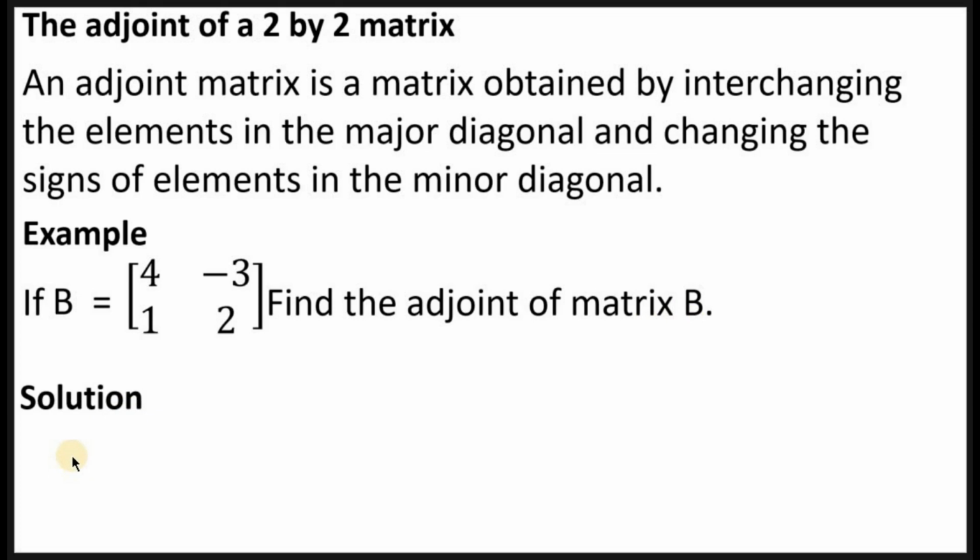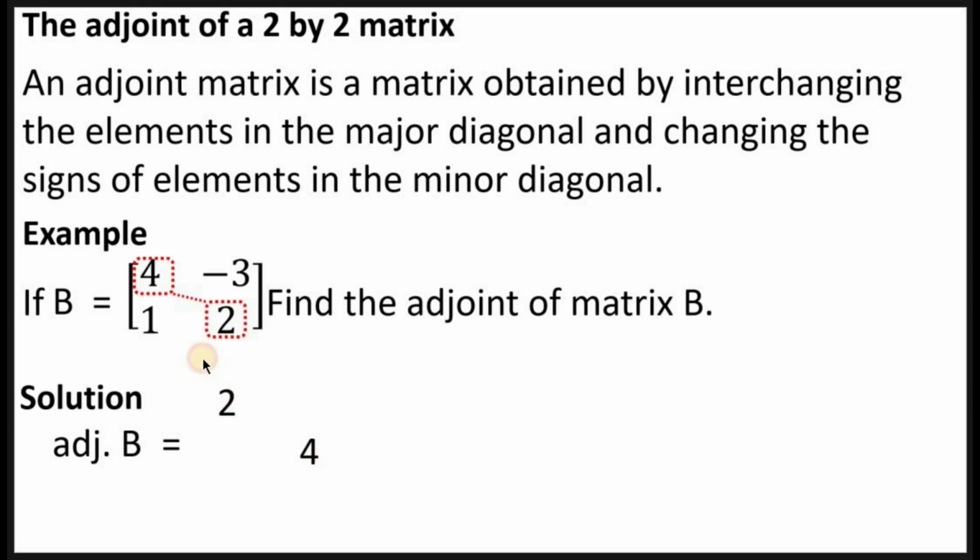Adjoint is written as adj B, so this is also read as adjoint B. Again, this is the language of mathematics. So adjoint B is equal to, what you do, you interchange the elements here. This one should go here, this one comes here. Okay, so you find 2, then you write 4.